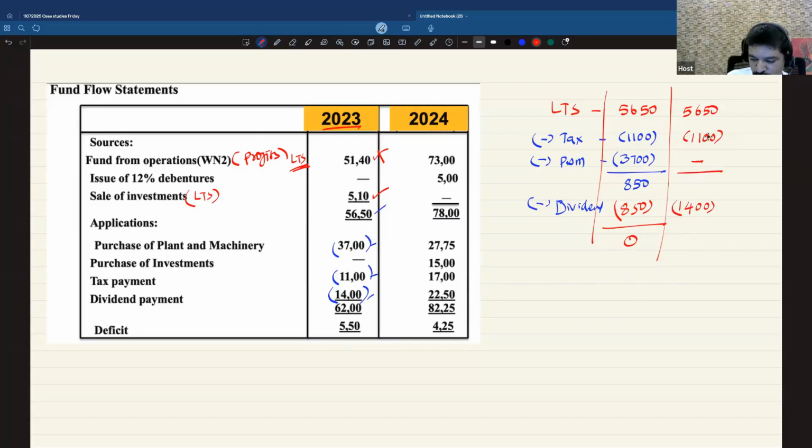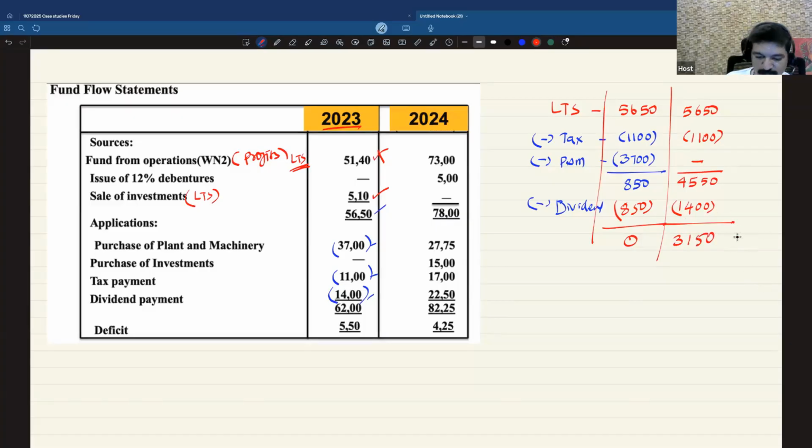That is after paying tax of 1,100 out of 5,650, they would have had 4,550, right? 5,650 minus 1,100, they would have had 4,550. From that, let them pay dividend of 1,400. They would have landed in surplus of 3,150.